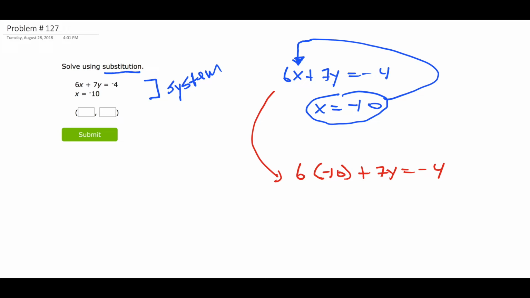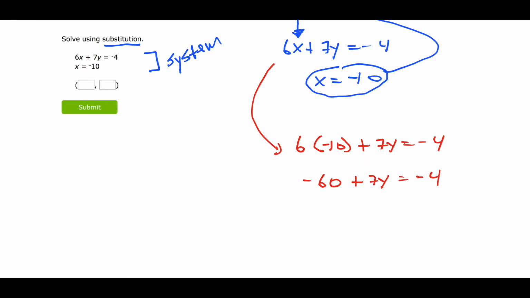Then what do I get? What do I write down? Okay, add 60 to both sides. When you write on your work, do you add 60 to both sides like this? All right, what do you get?